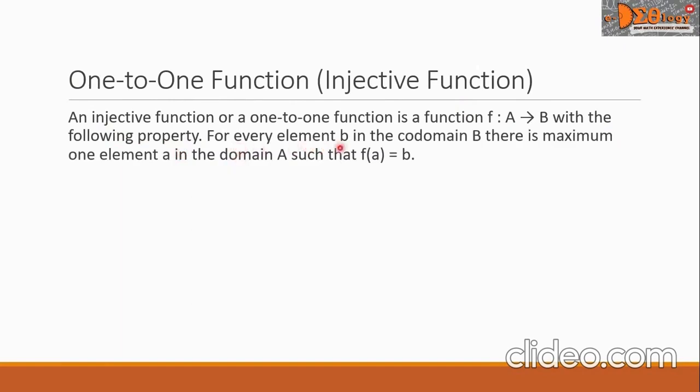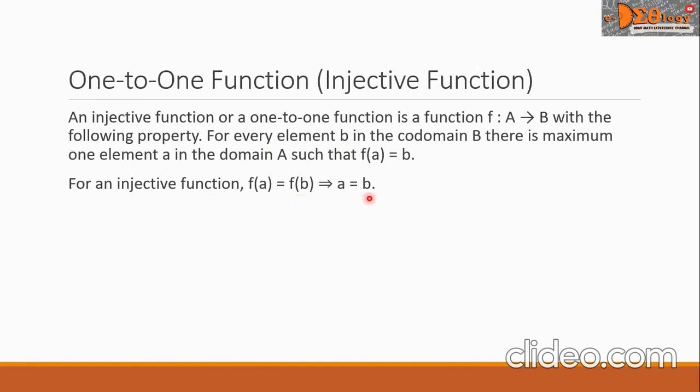For every element b in the codomain group B, there is maximum one element a in the domain group A such that f of a equals b. For an injective function, f of a equals f of b, and that means a equals b.